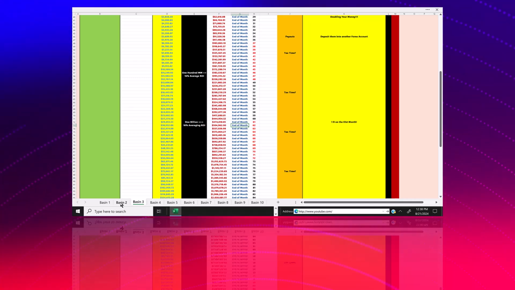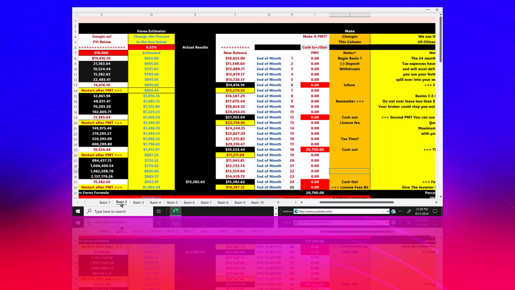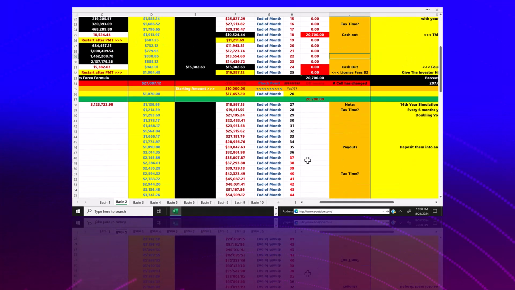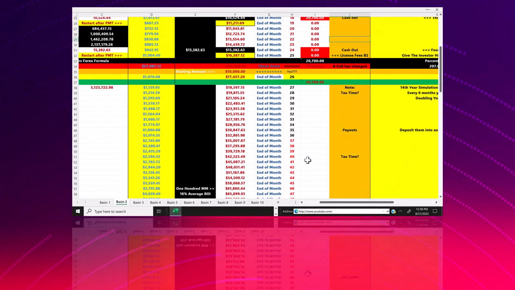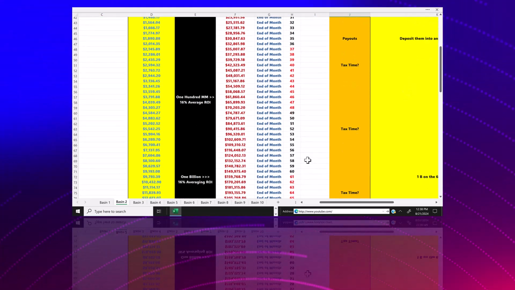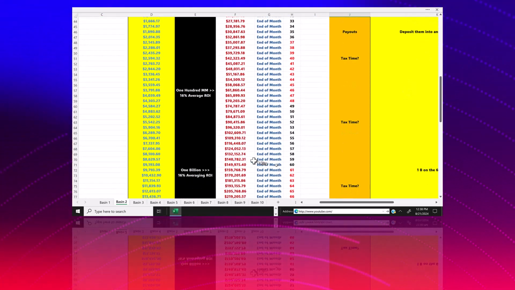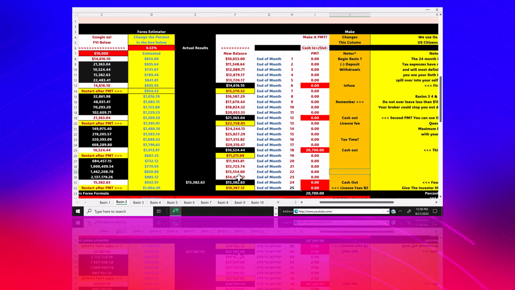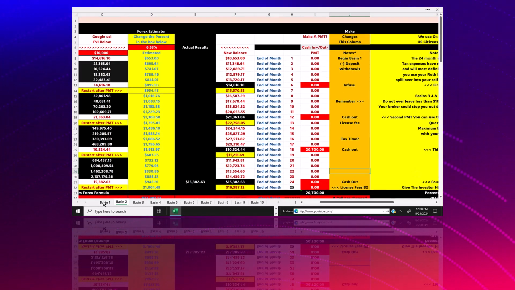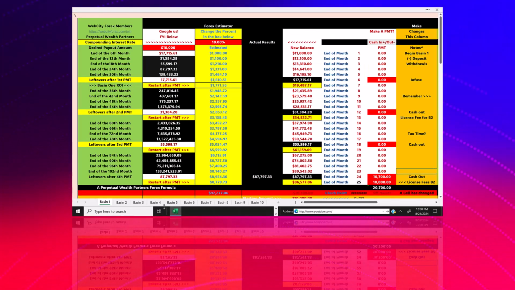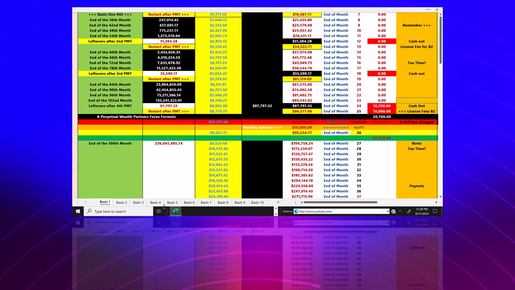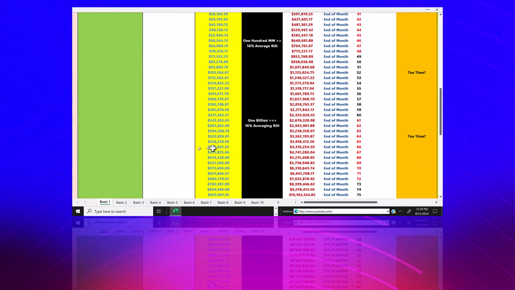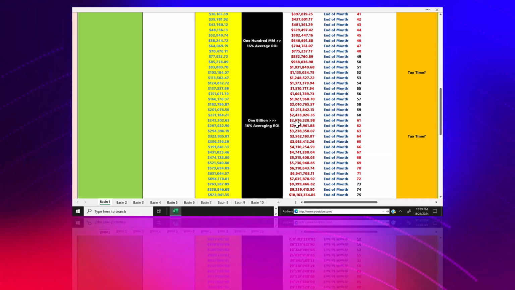And then basin 2, we have 170 at 62, and basin 1. Well, we got 2.9 million over here.